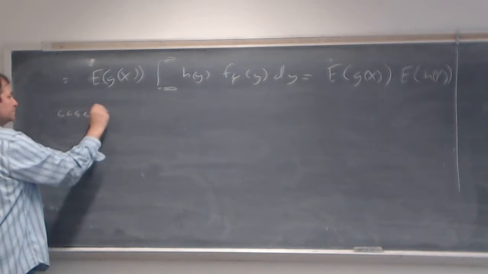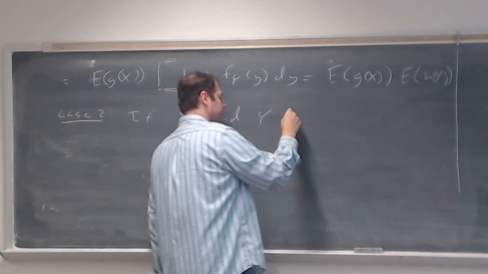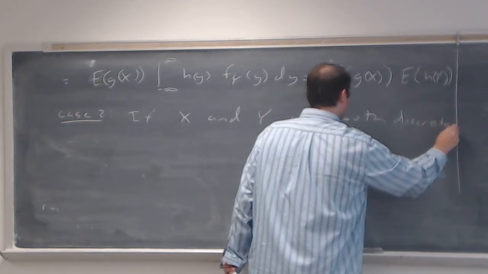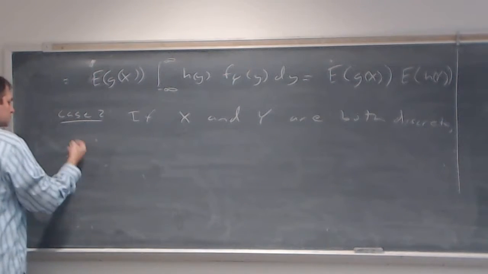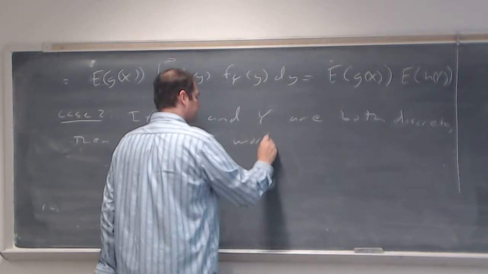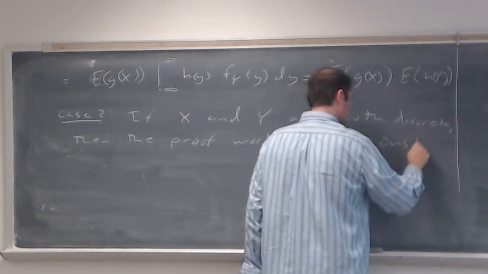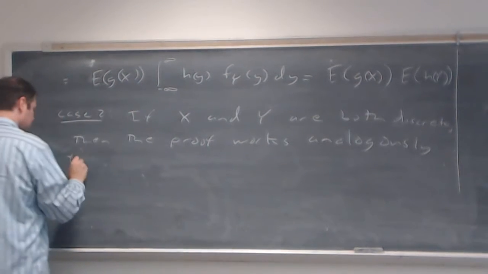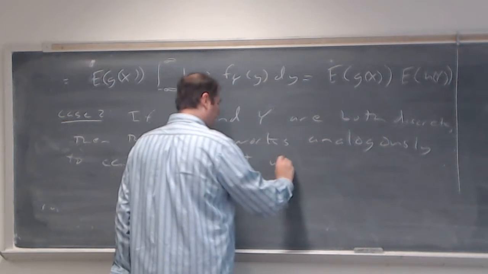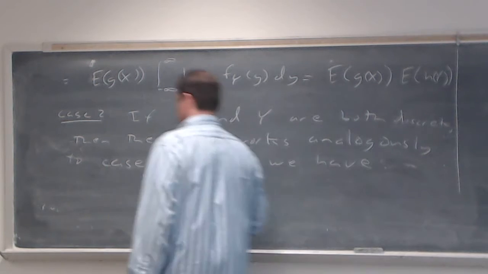And so case 2, if x and y are both discrete, then the proof, I'm not going to do it, works analogously to case 1, except we have summations instead of integration.